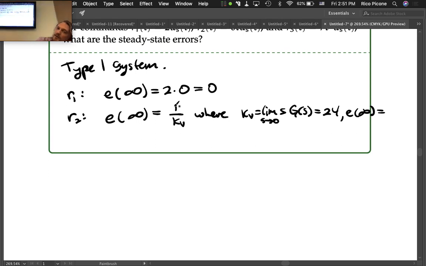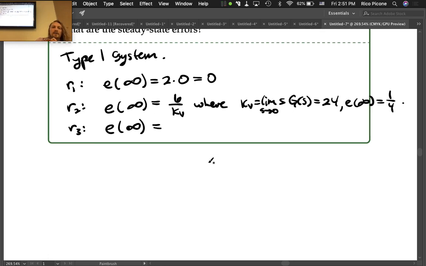Oh, we screwed up, right? We've got a scale of 6. So we had 6 over kv as our steady state error. So 6 over 24 or 1 over 4.